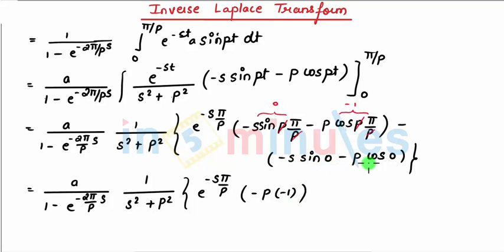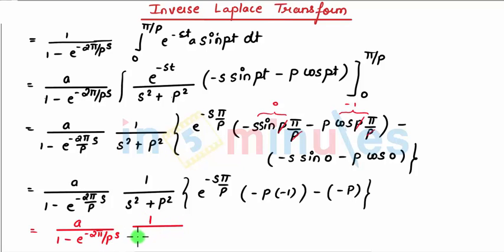Here sin 0 is 0, cos 0 is 1, I put this minus first, sin 0 is 0 minus p. The final answer I'll be getting is a divided by 1 minus e raised to minus 2 pi by p s, times 1 divided by s square plus p square, and here this is plus p, so I get p e raised to minus s pi by p plus p.